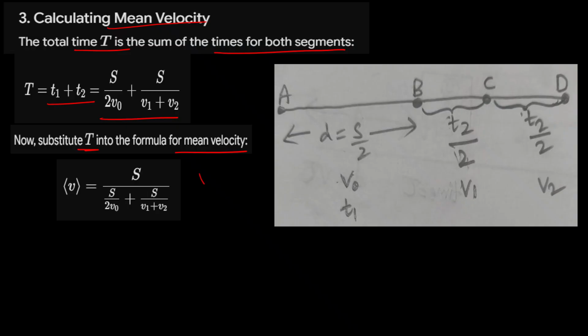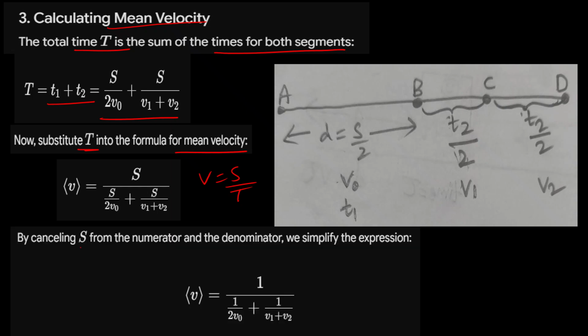This gives us s divided by the sum of s over 2v0 and s over the sum of v1 plus v2. By cancelling s from the numerator and the denominator, we simplify the expression to our final result, v equals 1 divided by the sum of 1 over 2v0 and 1 over the sum of v1 plus v2. And there you have it, the complete expression for the mean velocity of the point.